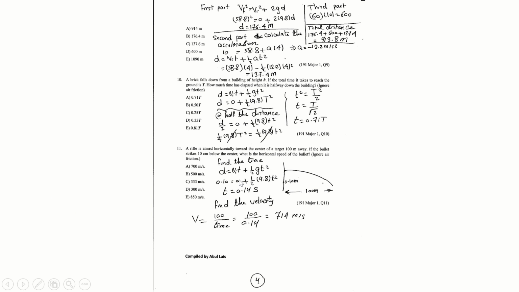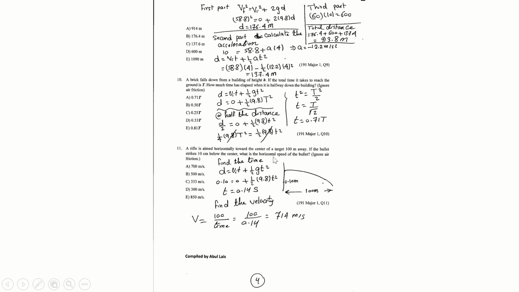The initial velocity is 0. Remember that this initial velocity is the initial vertical velocity and not the horizontal velocity, plus half times 9.8 times t squared. Now I can find t, which will be 0.14 seconds. So it means that it will take 0.14 seconds for the bullet to hit the ground.